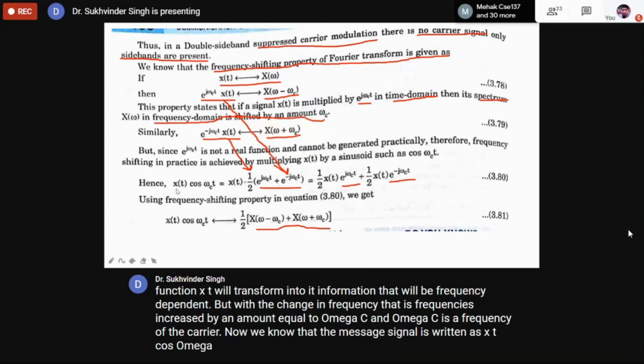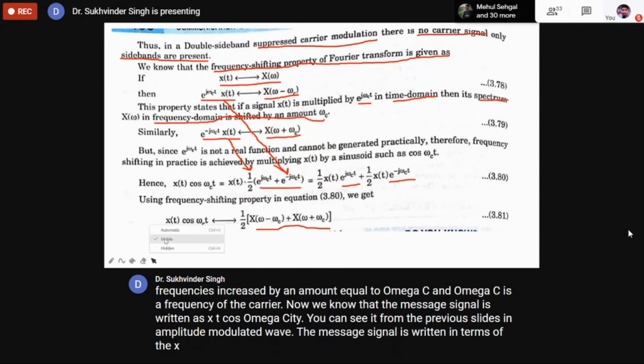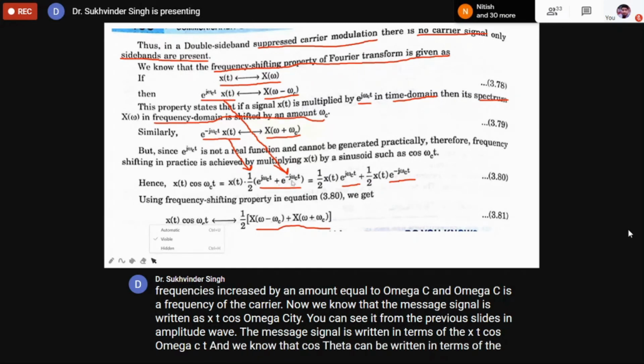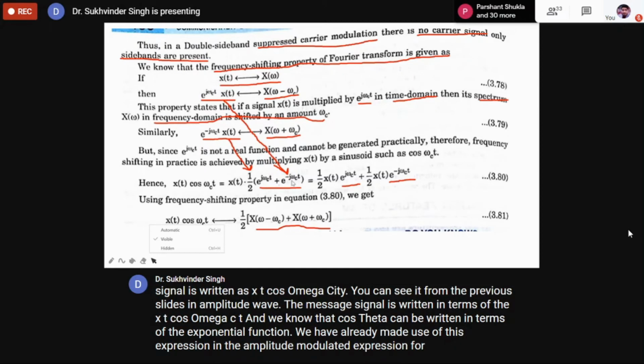You can see it from the previous slides. In amplitude modulated wave, the message signal is written in terms of xt cos omega ct, and we know that cos theta can be written in terms of the exponential function. We have already made use of this expression in the amplitude modulated expression for the frequency spectrum or time domain to frequency domain analysis.